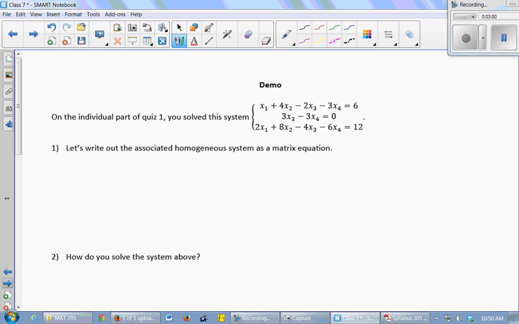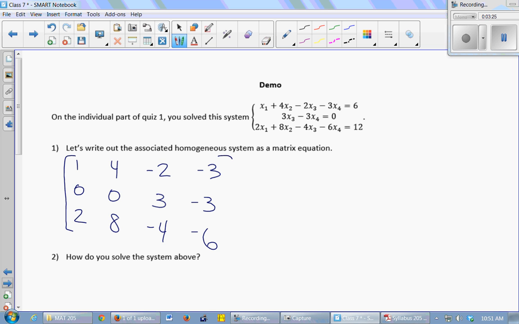I'm going to write out the coefficient matrix, which is 1, 0, 2 for the x1s, and then the x2 coefficients are 4, 0, 8. My x3 coefficients are -2, 3, -4. My x4 coefficients are -3, -3, -6.